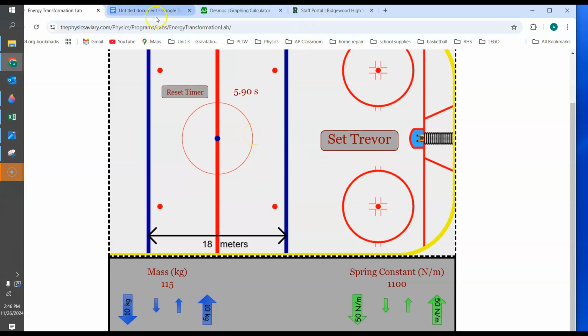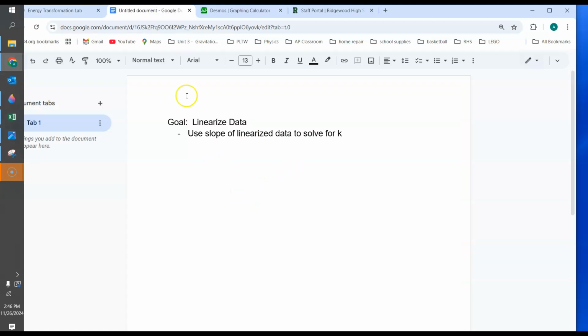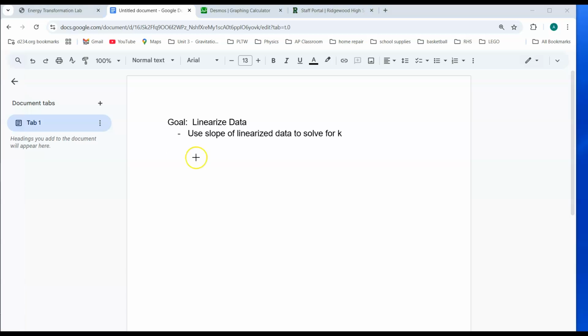Okay, so let's talk about the physics going on right now. Let's talk about energy. We have initial energy plus work equals final energy. And our system, we're going to define it as the person and the spring. We don't have to worry about the Earth as part of our system. We only have horizontal motion, so we don't have any gravitational potential energy anyway.